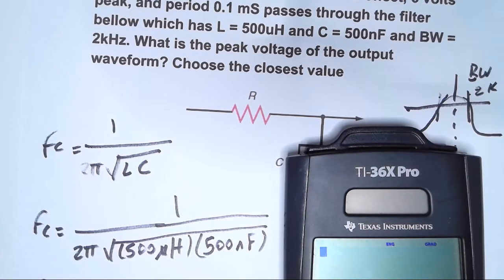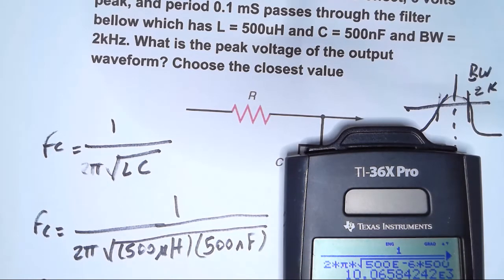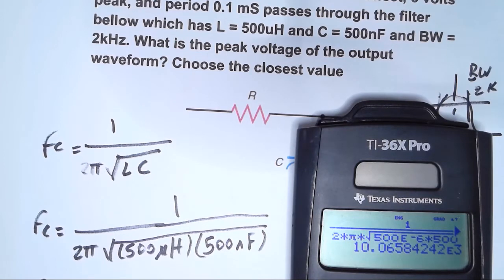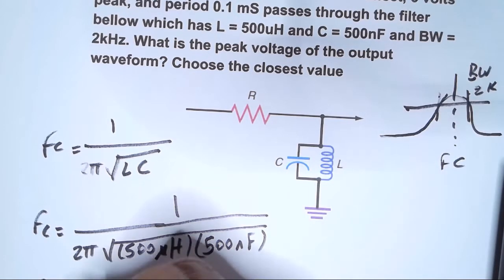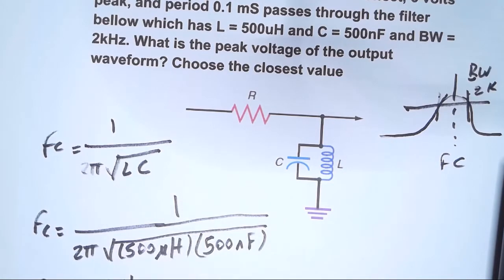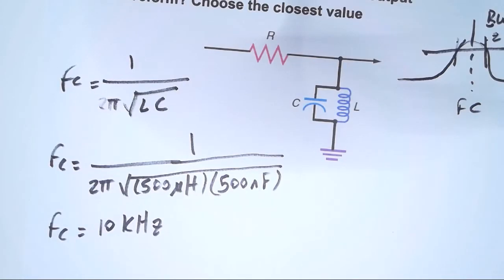Let's punch that in: 1 over 2 times pi times the square root of 500 e-6 times 500 e-9, and that's equal to 10 kilohertz, 10.06 something. So the center frequency is 10 kilohertz.